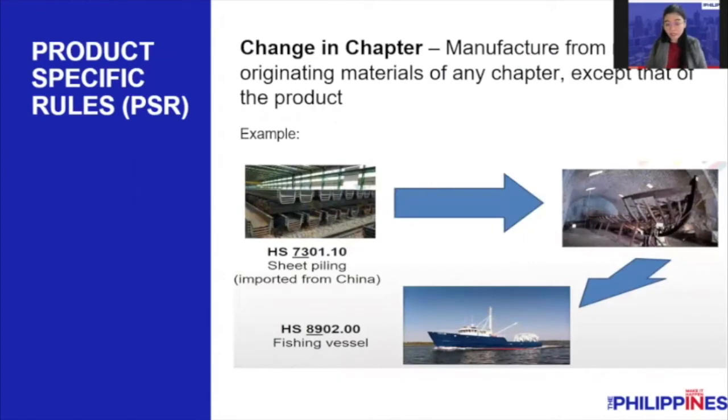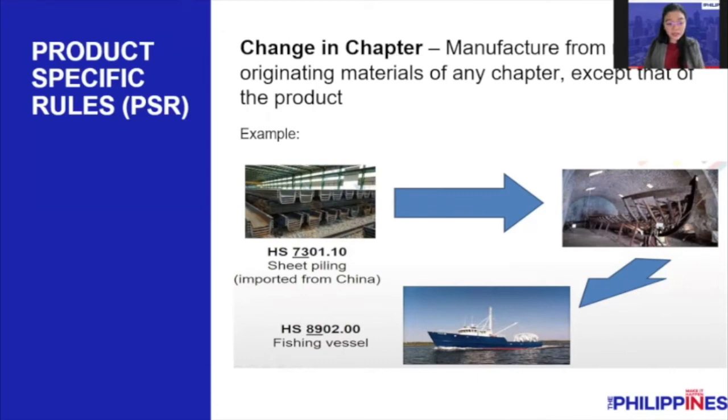For change in chapter, instead of the usual CC, the agreement indicates manufacture from non-originating materials of any chapter except that of the product. An example of the application of change in chapter or CC is shown on the screen. A ship with HS code 890200 is produced in the Philippines using non-originating sheet piling with HS code 730110 from China.